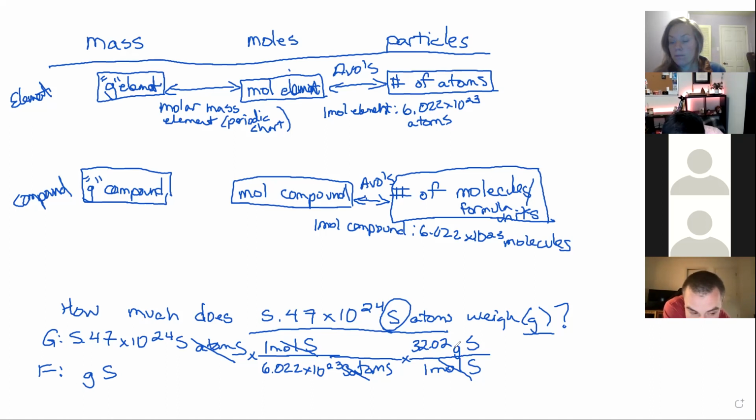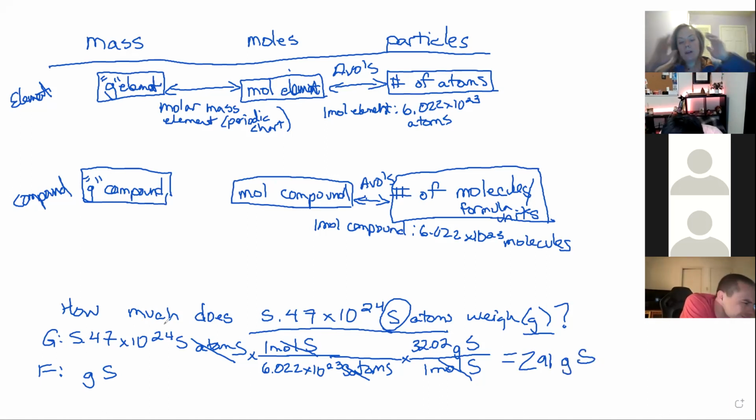If you solved, stopped, and then started up again, we have roughly 9.08 moles of sulfur. Then, we're going to multiply that number by the 32.02 grams of sulfur. And 3 sig figs, so 291 grams of sulfur.